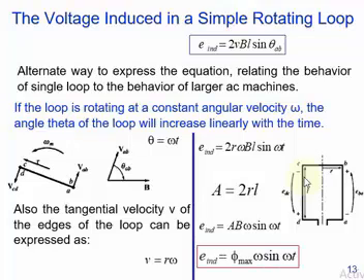But as we have already discussed, AB can be written as the maximum flux in this case. So we can also write that maximum flux into omega sine omega t would be equal to the total induced voltage in the loop.